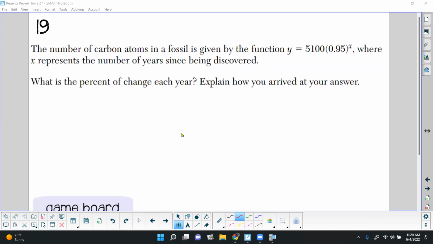What is the percent of change each year? Careful, careful.